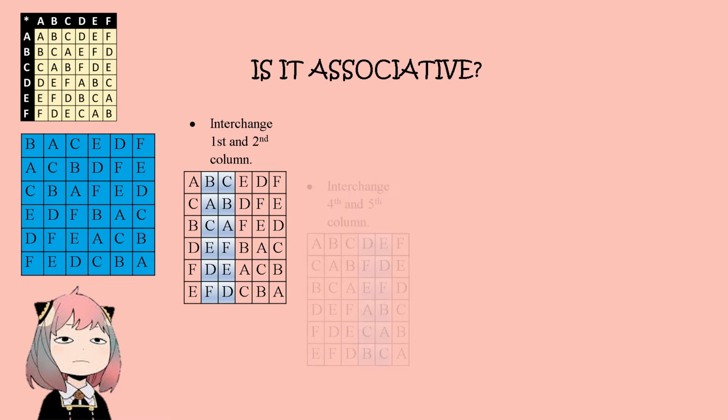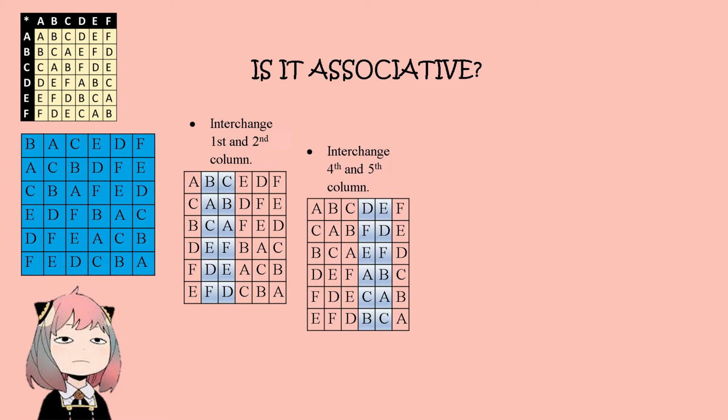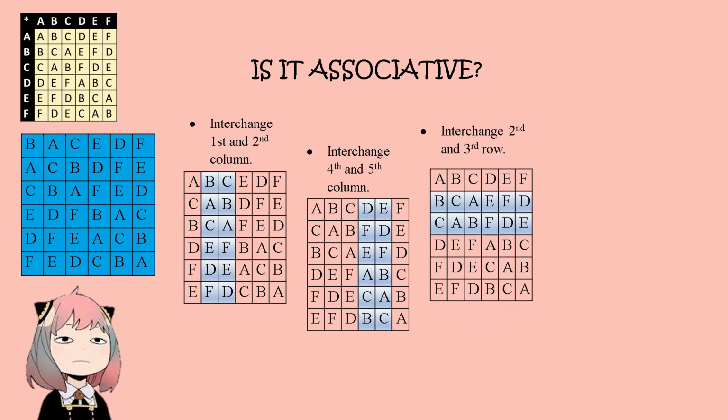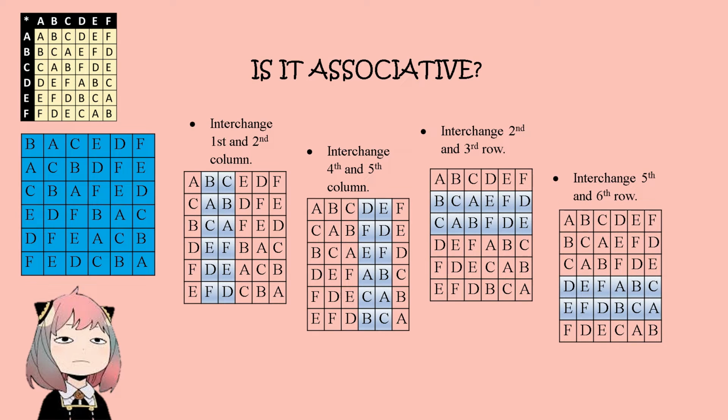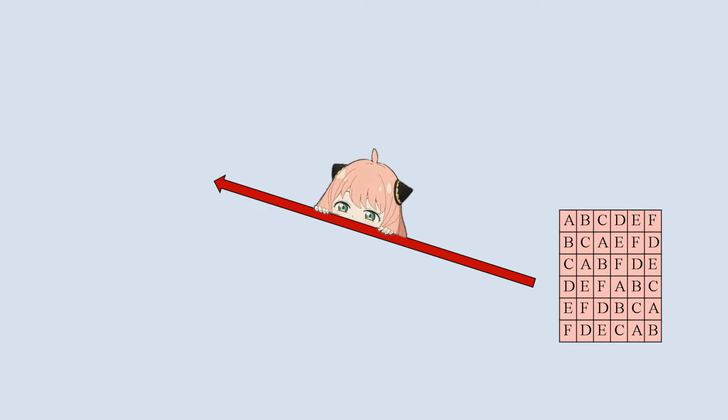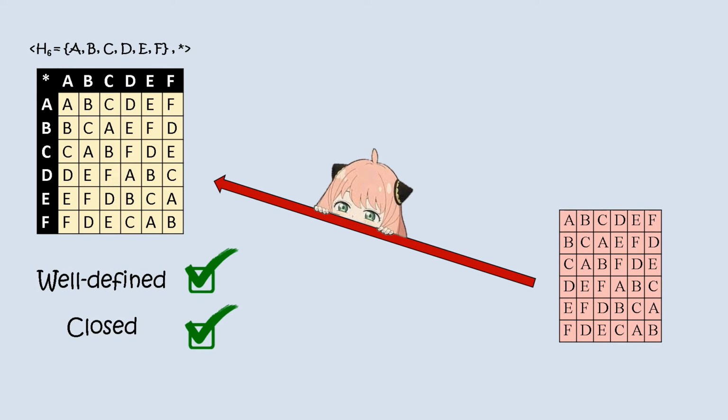Next, interchange fourth and fifth column. Then, interchange second and third row. And lastly, interchange fifth and sixth row. As you can see, the table we rotated is just the same as it was before. Therefore, the binary structure H sub 6 is associative under binary operation star.